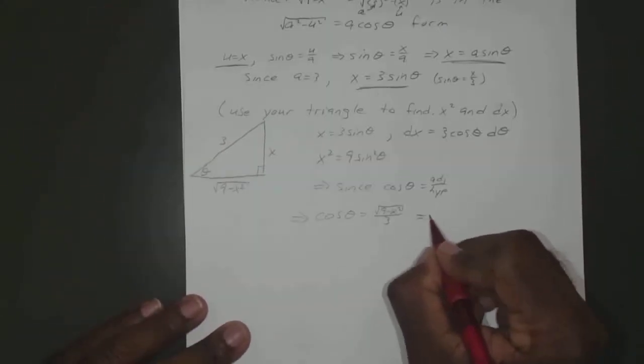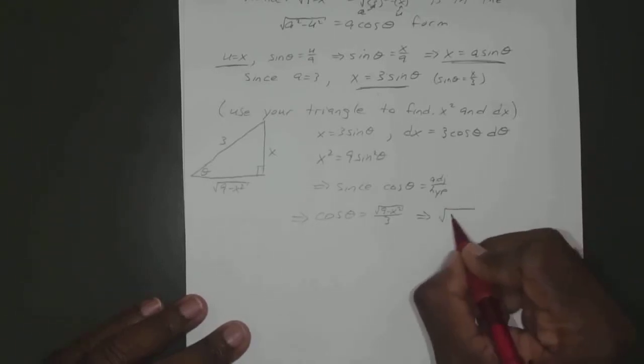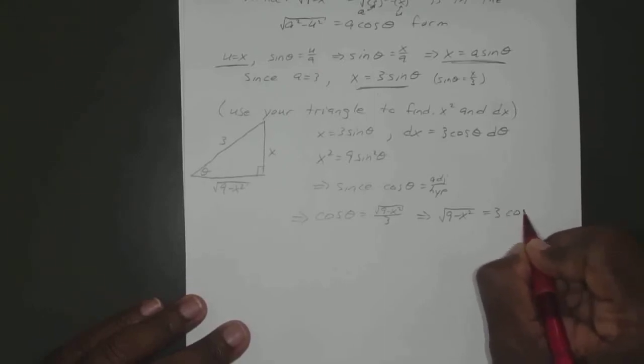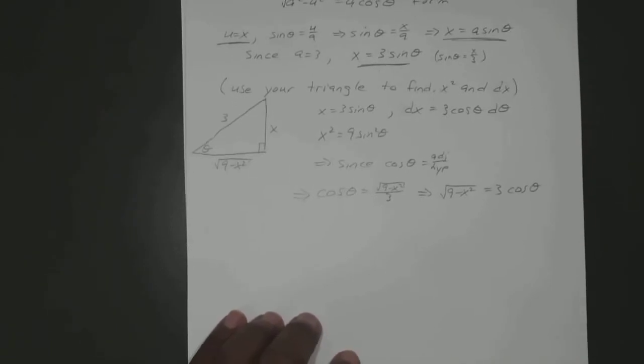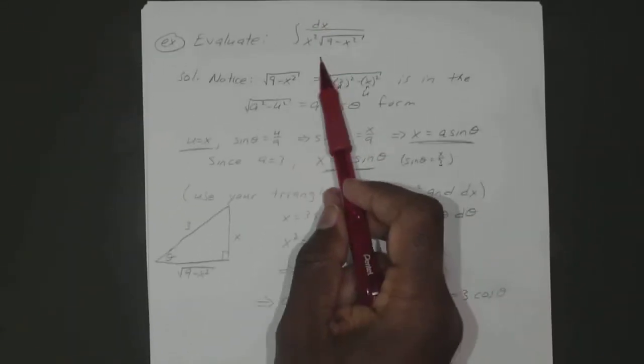Which means if we multiply both sides by 3, the square root of 9 minus x squared is equal to 3 cosine theta. So it's a little bit of card shuffling going on, because you're using everything you know to change everything in your original problem.